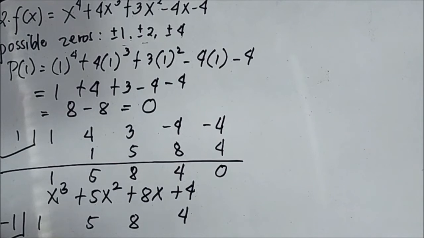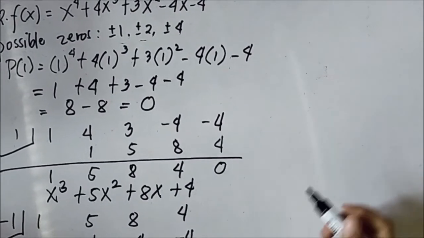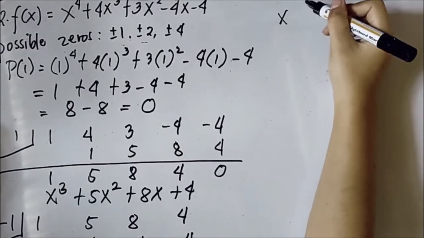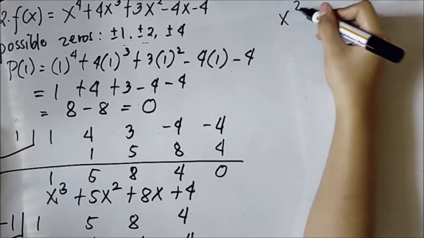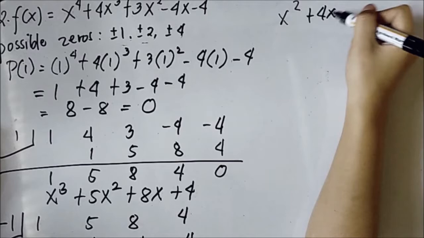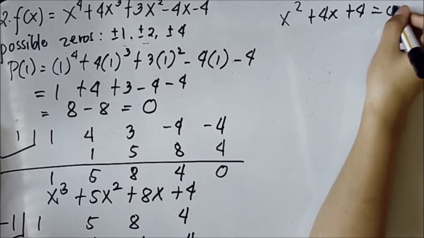Bring down 1, times negative 1 is negative 1, plus 5 is positive 4, times negative 1 is negative 4. 8 plus negative 4 is positive 4, times negative 1 is negative 4, and that is 0. So we have x squared plus 4x plus 4 is equal to 0.